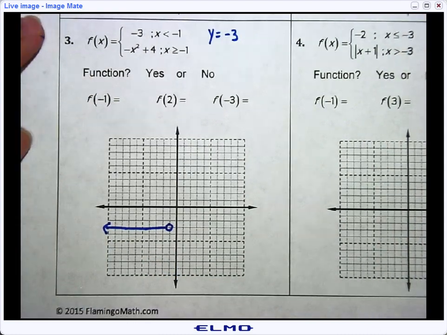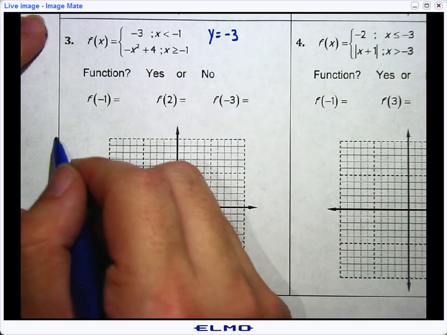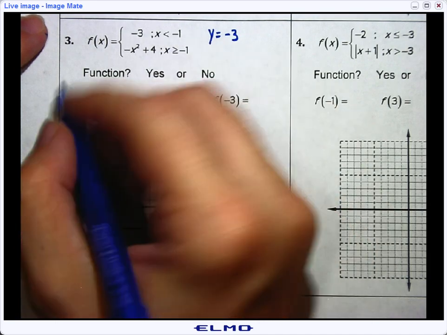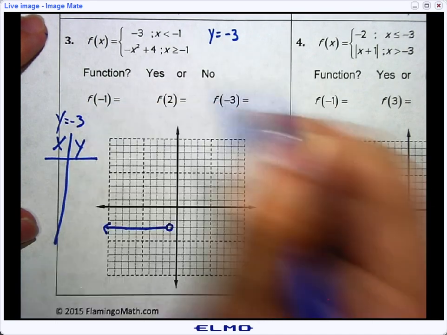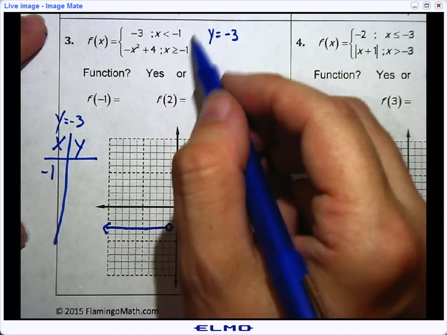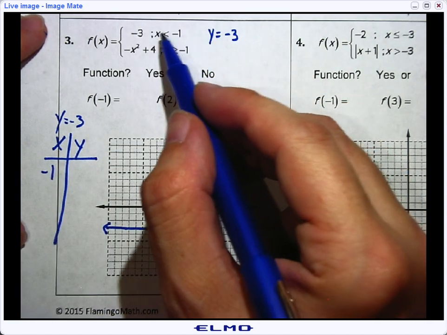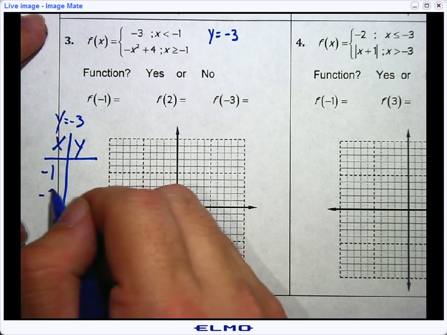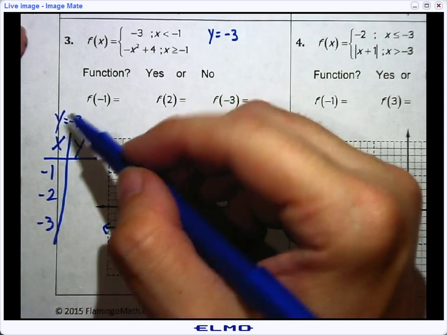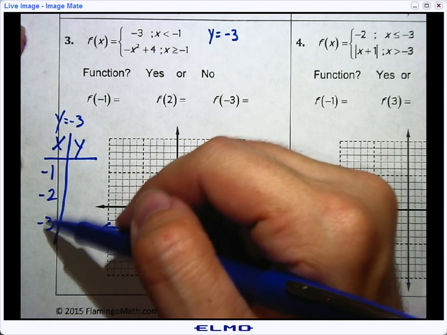If that didn't make sense to you, we could still use the table. Again, the function is y equals -3. So if I pick an x value, so -1, again, because that's where the graphs change, numbers less than -1, well, that would be -2, -3. Y equals -3 as an equation means it does not matter what your x's are.